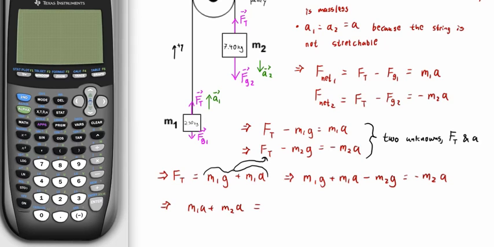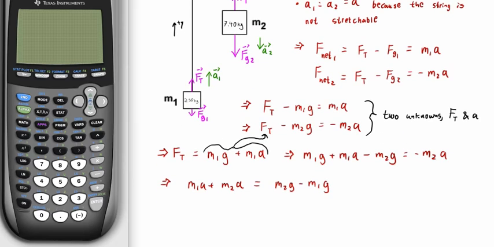That means I want to get all the g's to the other side, so that's going to look like M2g minus M1g. I added M2g to the right-hand side, making it positive, and I subtracted M1g from the left side and also from the right side, making it negative. Now it's just a matter of solving for a.